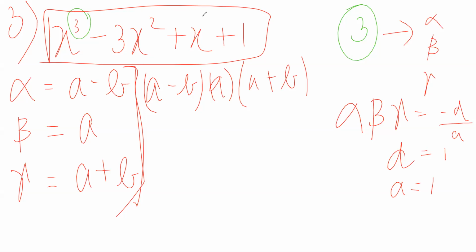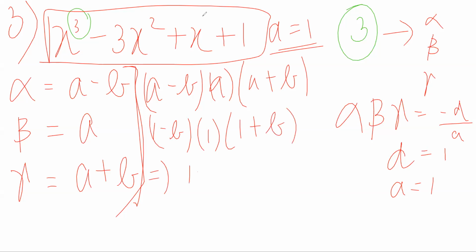We had already found that a is equal to 1. Therefore, 1 minus b into 1 into 1 plus b, which is 1 minus b into 1 plus b. It's in the form a minus b into a plus b, therefore it equals a square minus b square, that is 1 square minus b square.